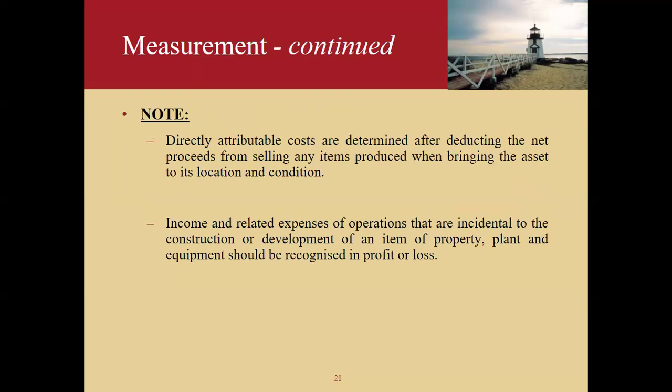We need to note, directly attributable costs are determined after deducting the net proceeds from selling any items produced when bringing the asset to its location and condition. Then number two, income and related expenses of operations that are incidental to the construction or development of an item of property, plant and equipment should be recognized in profit or loss.